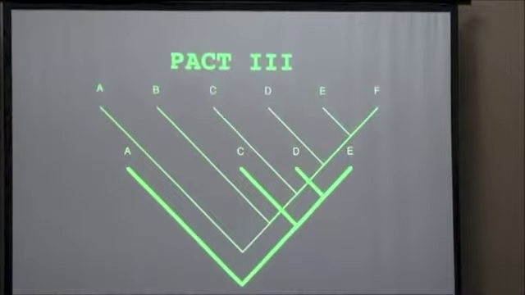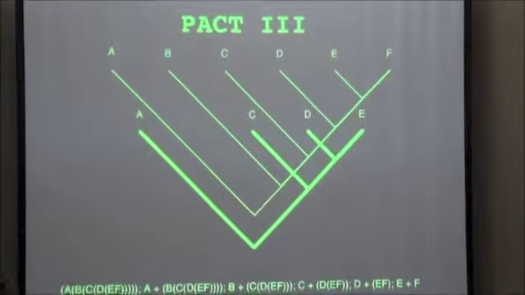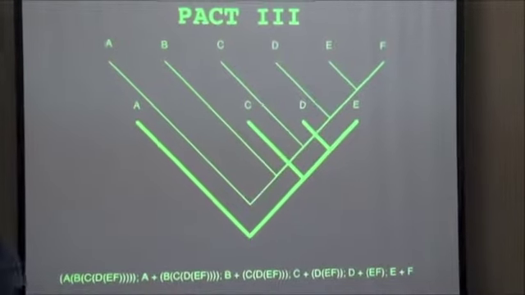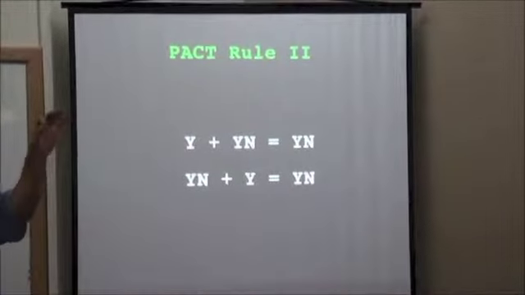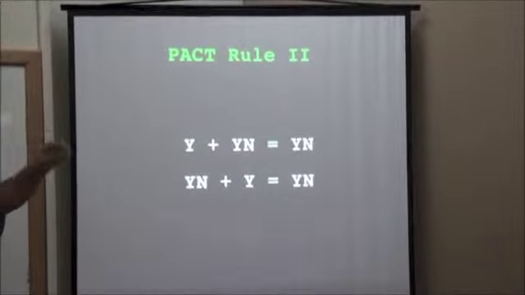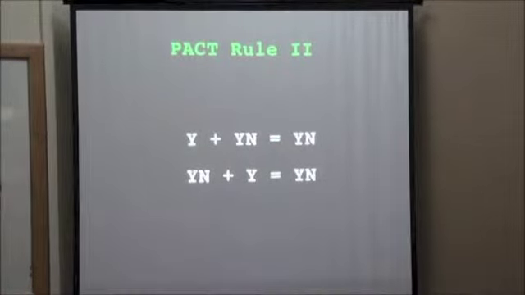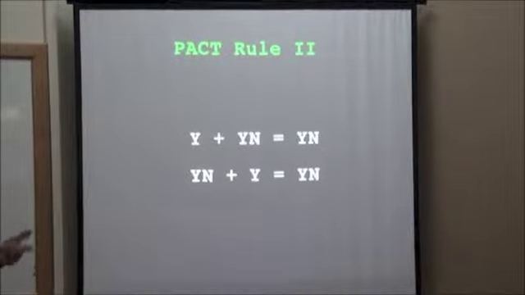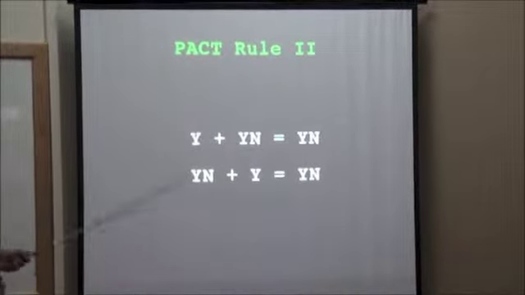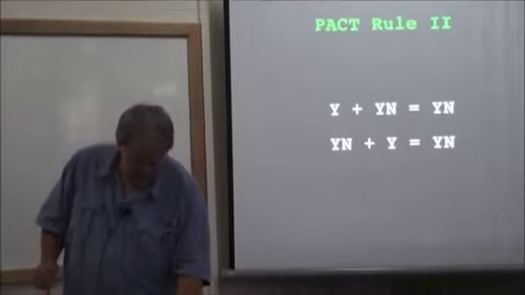And then this is the one where there's something missing. There's something not here. But that's still an example of adding in. So you have y plus y equals y. y plus yn equals yn. yn plus y equals yn. And what you can see is that these are just different faces of exactly the same thing.